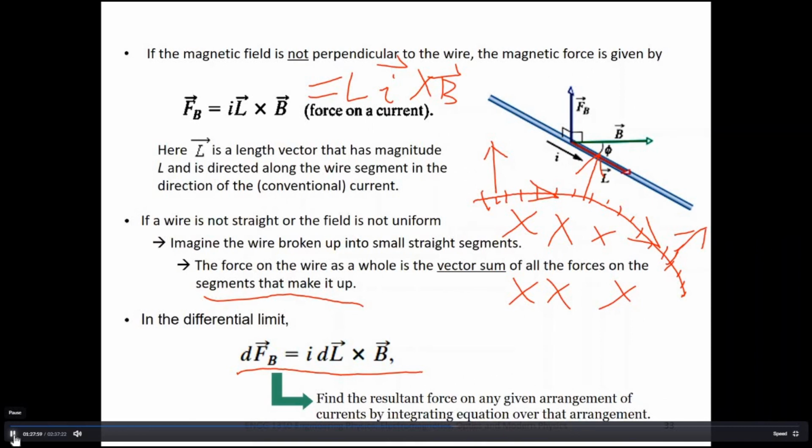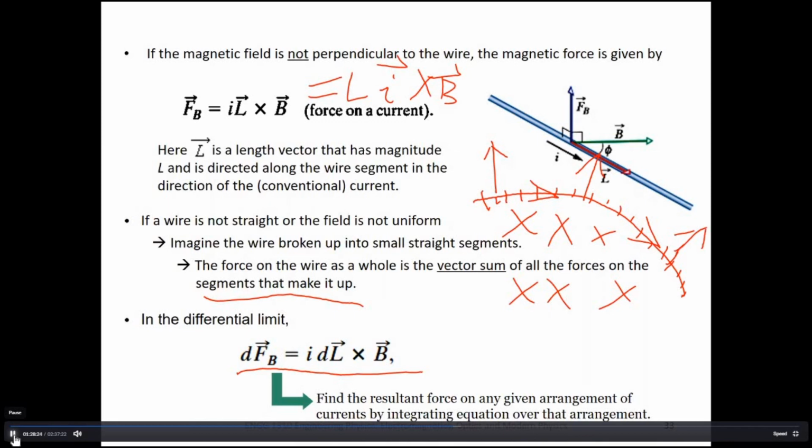So we should find the resultant force on any given segment of the current by integrating the equation over all the arrangement. That would be the case when the wire is not straight or the field is not uniform.